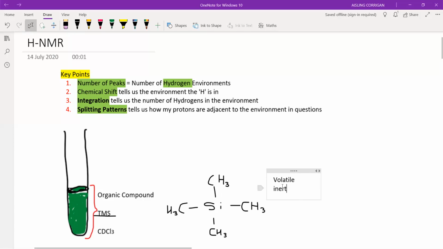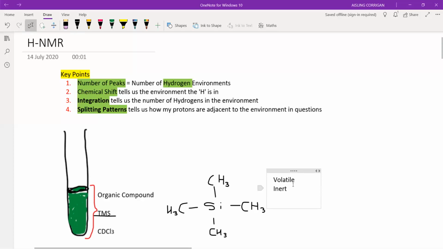Well, before I mention the reasons, it's important to note why is volatility important? When something is volatile, it's easily removed, because this compound can easily become a vapor or turn into a gas. So if something potentially went wrong, this compound can be removed, which is good. Inert, we know that it means it does not react with the organic compound, so it won't affect the results.